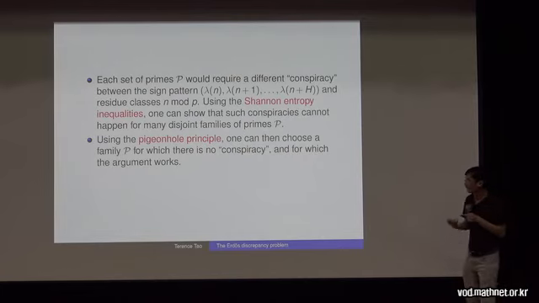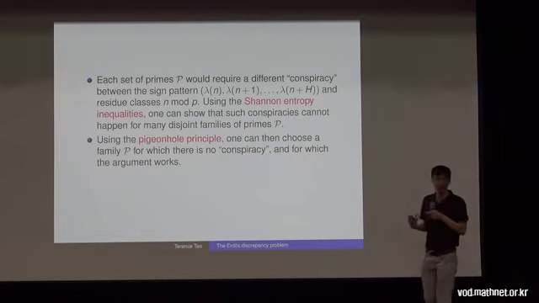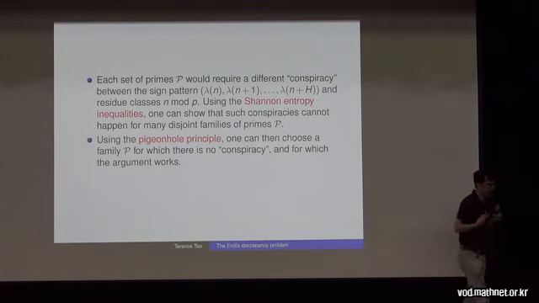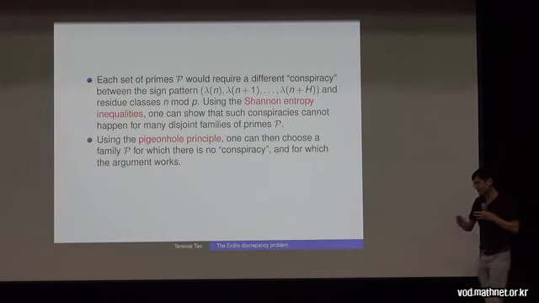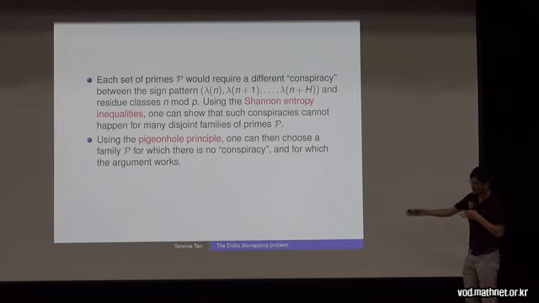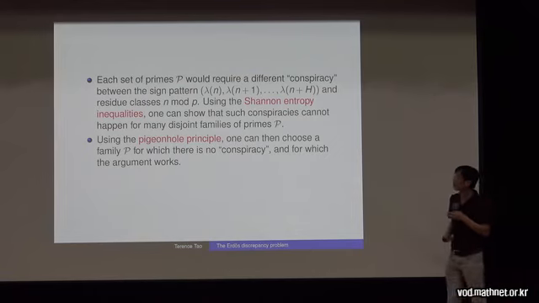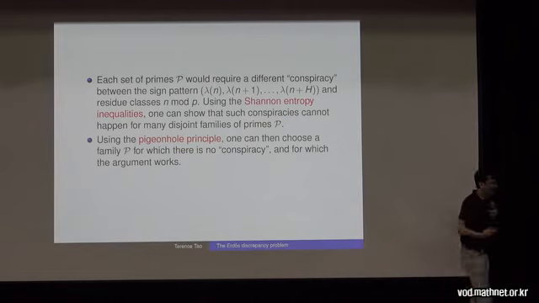And you can formalize all this using what I call the Shannon entropy inequalities. Each set of primes carries its own separate amount of information, and there's not enough entropy in the sign pattern to share information with all of these different residue classes at once.